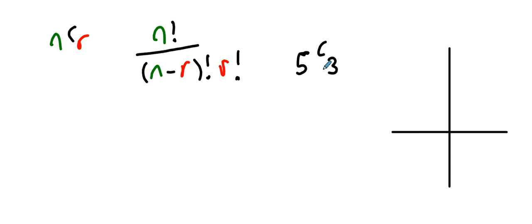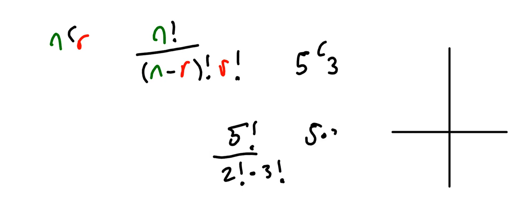So n is 5, so 5 factorial over n minus r, well, 5 minus 3 is 2, so 2 factorial times r factorial, r is 3, so 3 factorial. 5 factorial is 5 times 4 times 3 times 2 times 1 over 2 times 1 times 3 times 2 times 1.